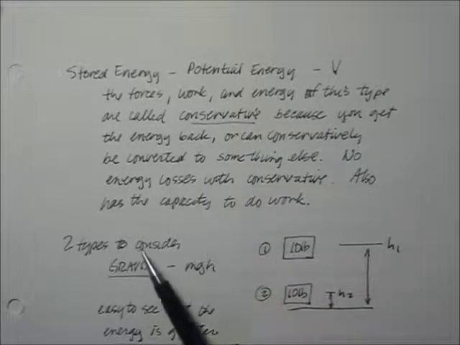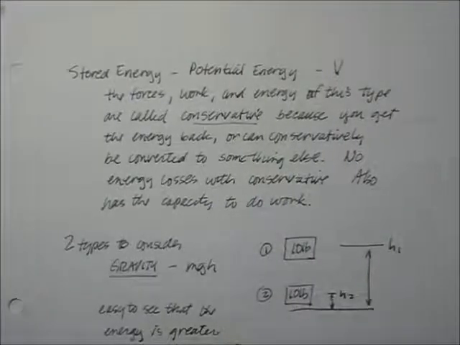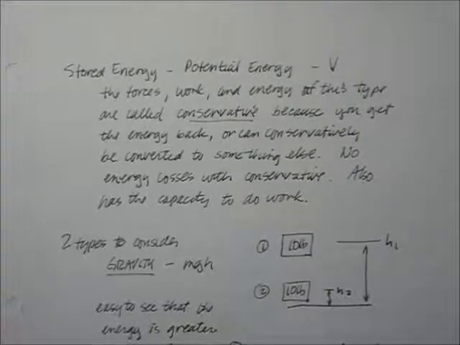Conservative means you get all that energy back. It can be conservatively converted to something else. So there are no energy losses with conservative forces, and so conservative work causes conservative change in potential energy. I know that's a lot of words for right now, but we'll get used to dealing with the difference between conservative and non-conservative forces.